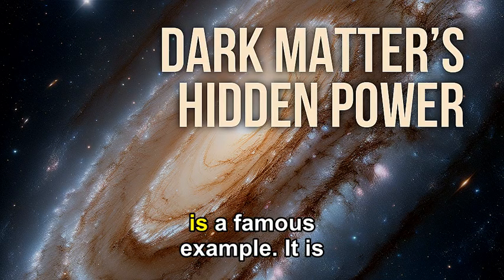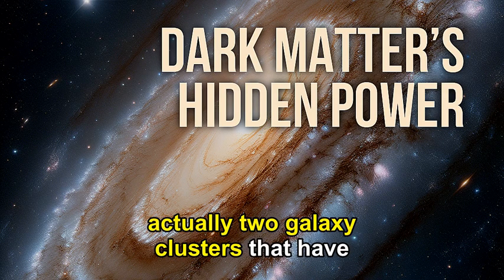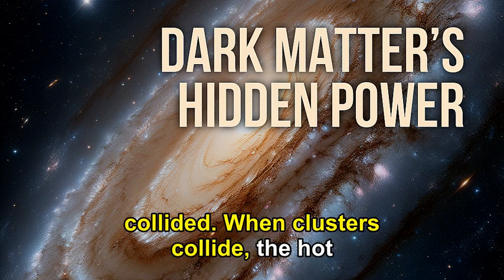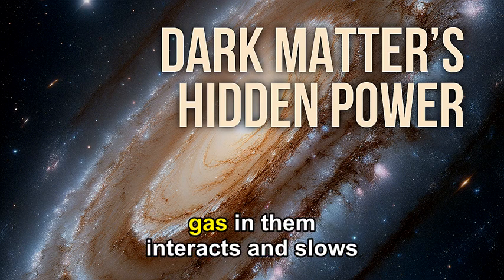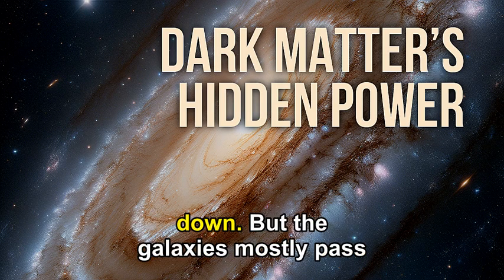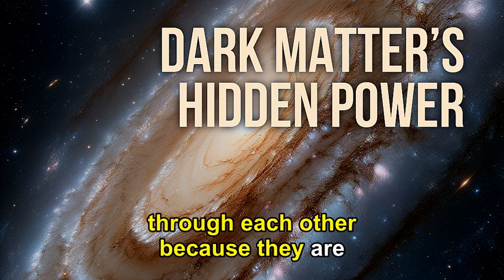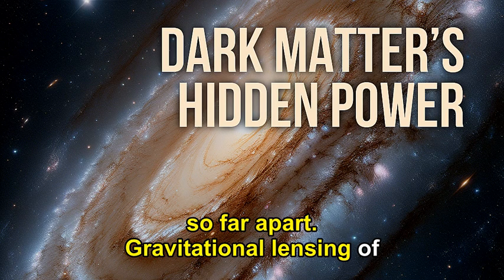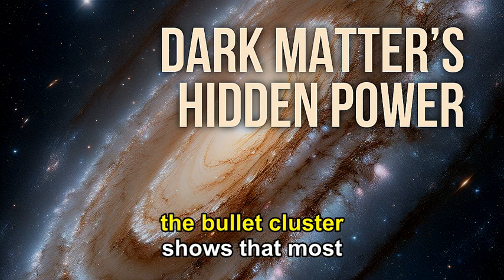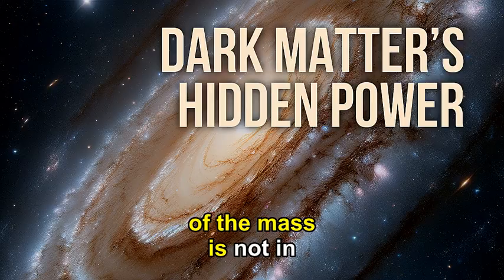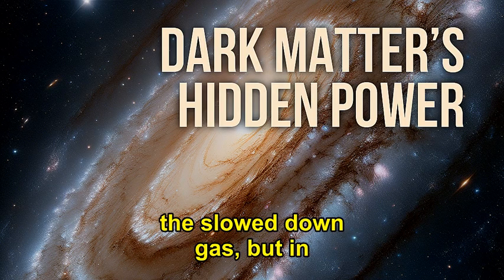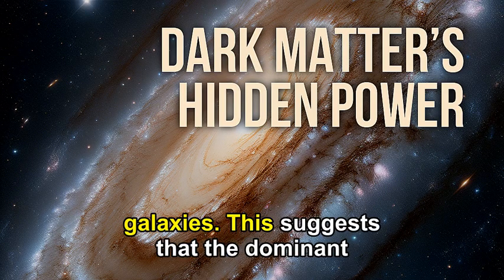The Bullet cluster is a famous example. It is actually 2 galaxy clusters that have collided. When clusters collide, the hot gas in them interacts and slows down. But the galaxies mostly pass through each other because they are so far apart. Gravitational lensing of the Bullet cluster shows that most of the mass is not in the slowed down gas, but in regions that line up with the galaxies.